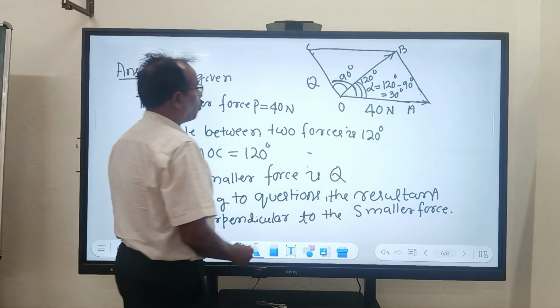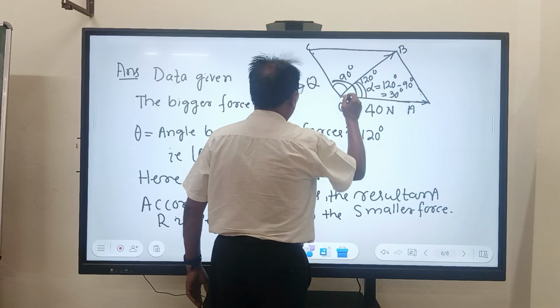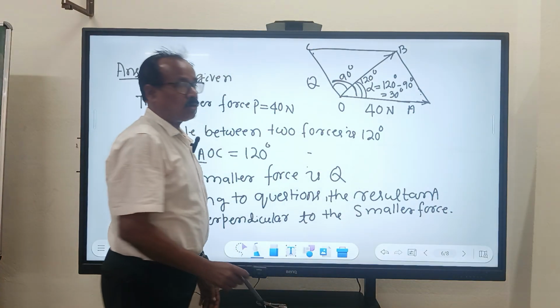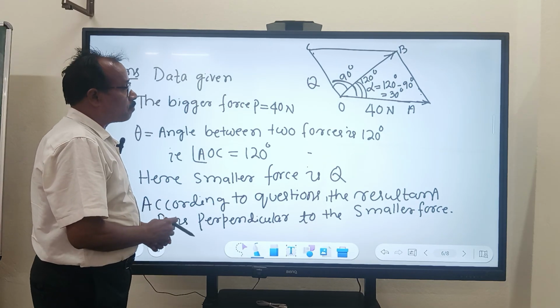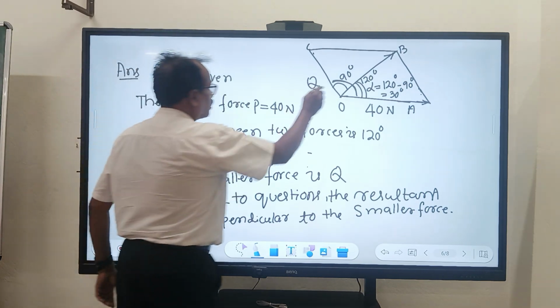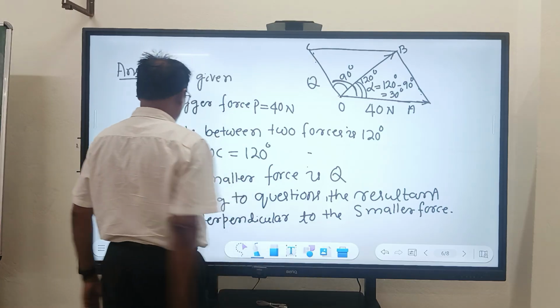That is angle AOC, AOC is equal to 120 degree. Here the smaller force is Q.